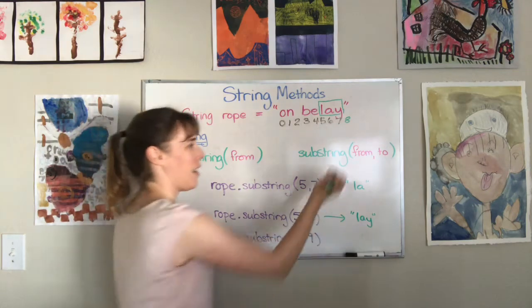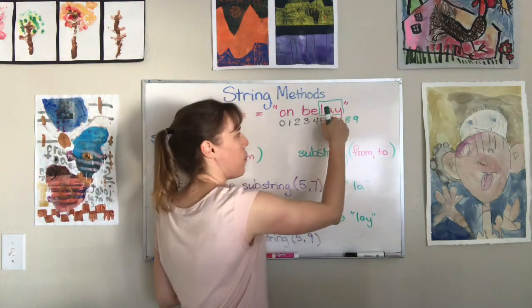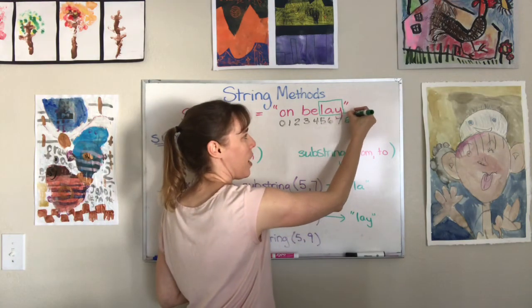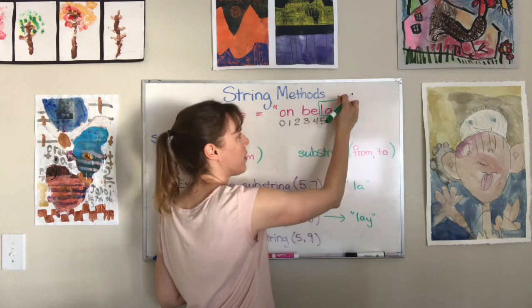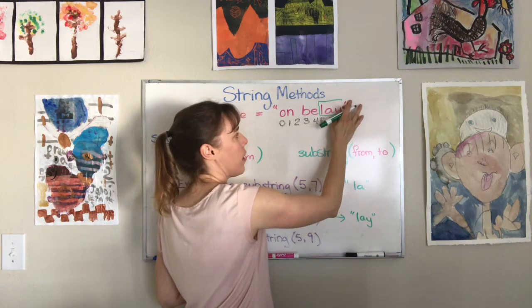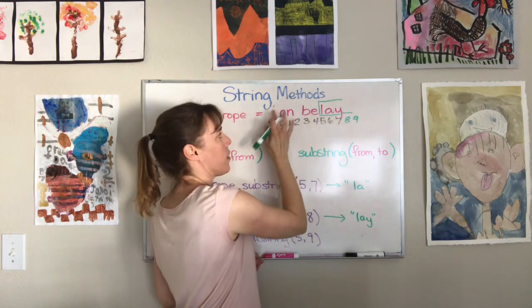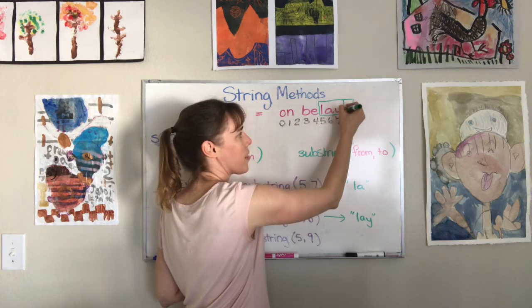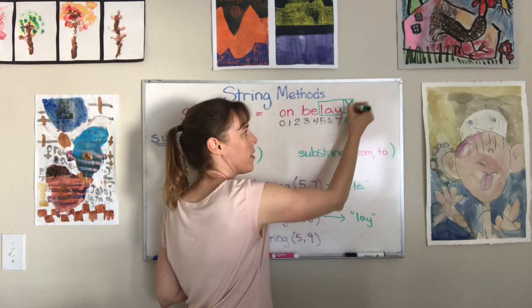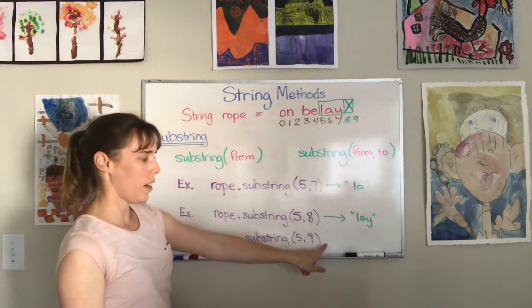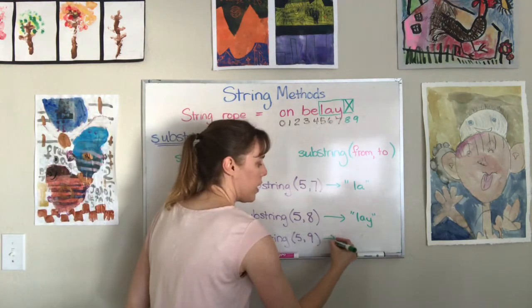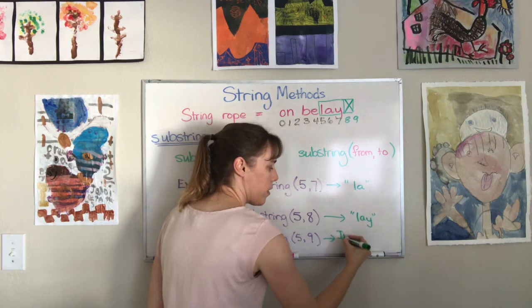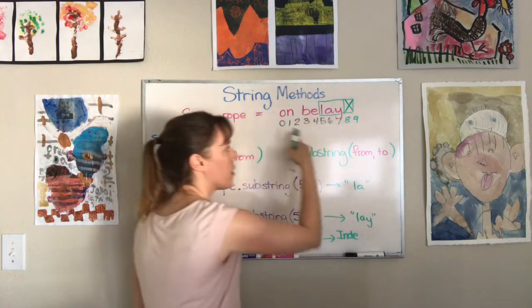But if I try to go 5, 6, 7, 8, 9, I'm going to take the 8, right? Position 8, there's nothing in position 8. That's non-existent. So when I do this, you're going to get an index out of bounds exception. Index, because these are indices.